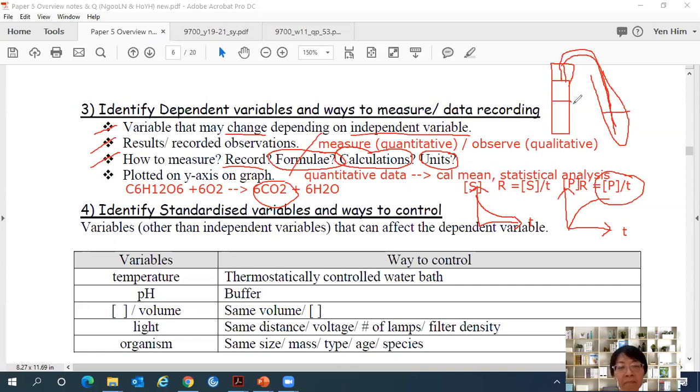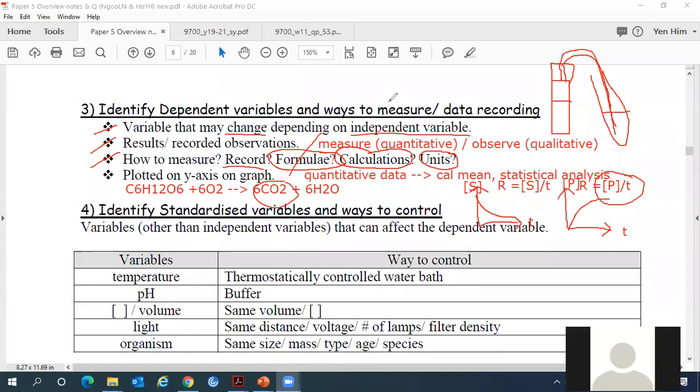Annabelle? Is Annabelle there? Annabelle is here, okay. So Annabelle, what is the unit for this formula? Sorry, Miss, could you repeat that, please?